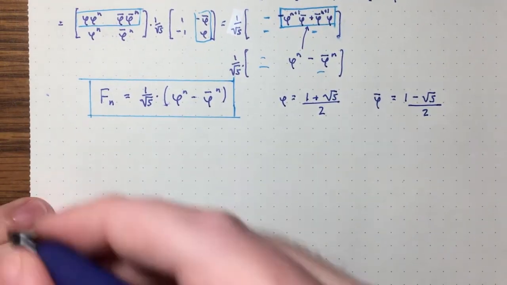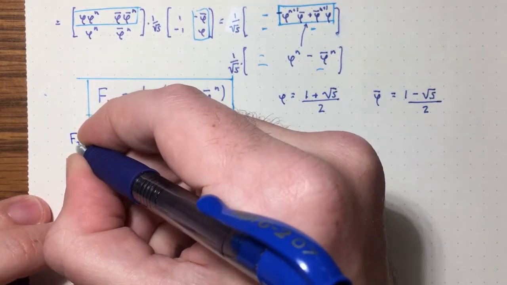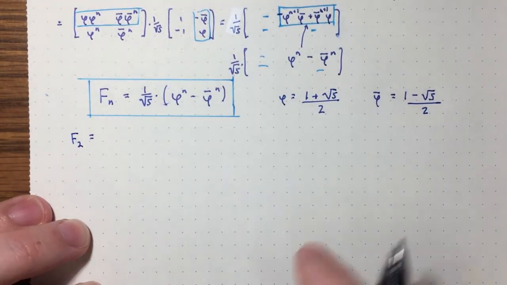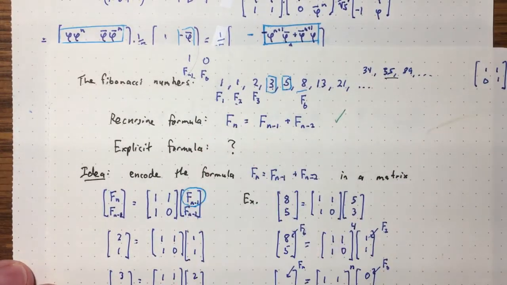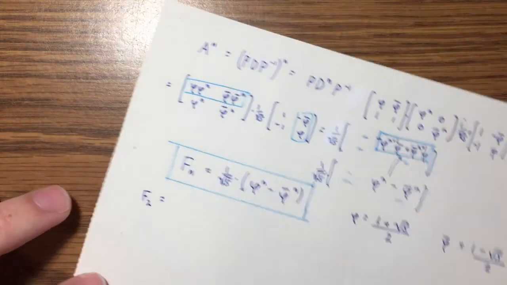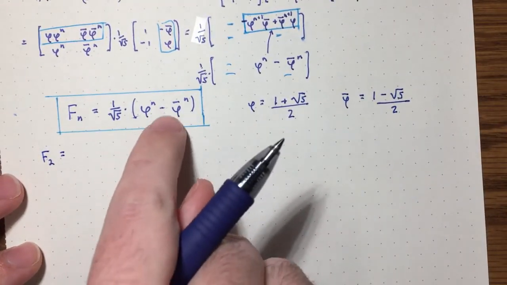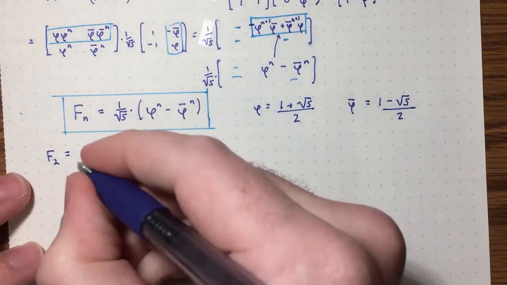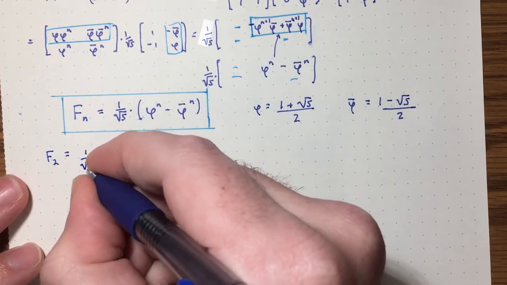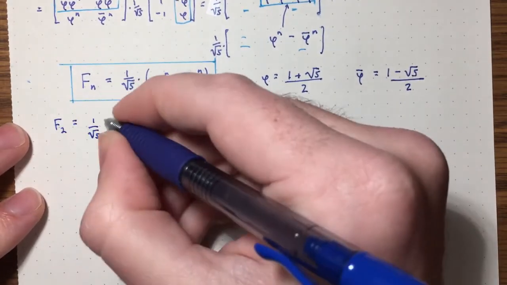Can we do an example? So what is f2 by our formula? Well, actually, what's the actual f2? The actual f2 is 1. That's not so exciting. What is exciting is that somehow you're going to get 1 when you write this out. So 1 over square root of 5 times phi to the n.